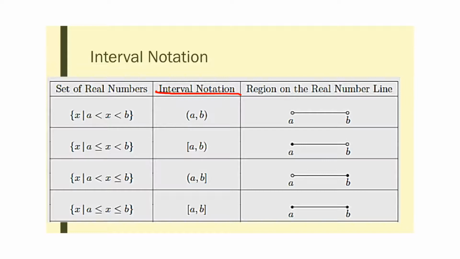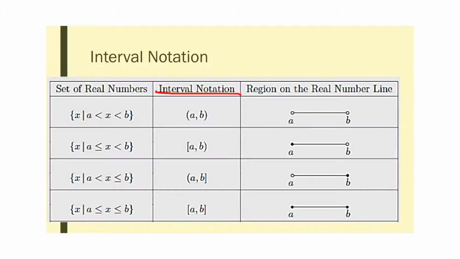Okay, so looking at this first here, curly brackets, set builder notation, this says x such that x is between a and b, but it does not include a and b in the set because there's no little line here under the equal. That's represented on the number line as an open dot here and here on both ends, and every point in between a and b is included in the set.